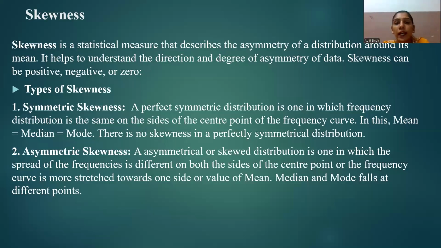So we can say that a symmetric distribution is one in which the frequency distribution is the same on both sides of the central point of the frequency curve. The central point is where mean is equal to median and is equal to mode. So there is no skewness in a perfectly symmetric distribution, or you can say in zero skewness.